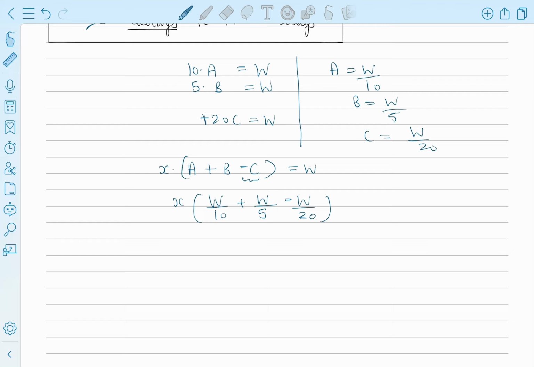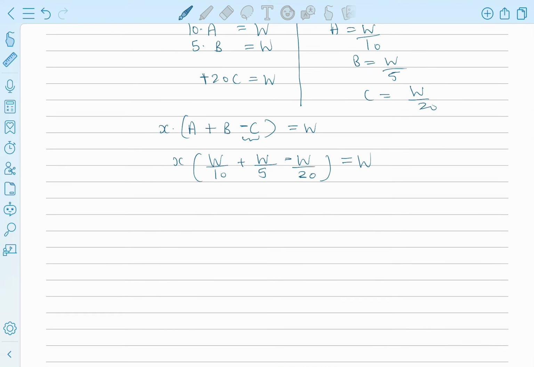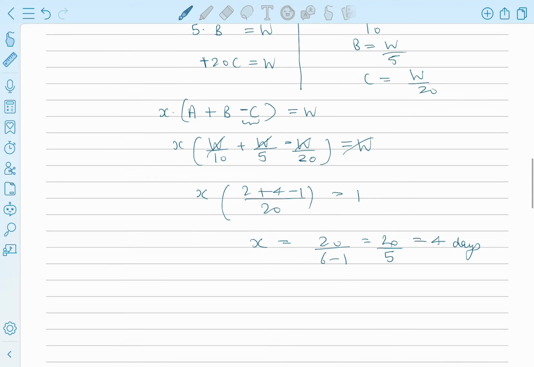You can take it positive here and then introduce the negative sign and put it equal to W. Then we're going to cancel the W from both sides and take the LCM here, which would be 20. 2 plus 4 minus 1, and we would get 20 upon 6 minus 1, which is 4 days. So if A and B are working on the wall and C is breaking the wall with a hammer, we would get 4 days to build the wall effectively.